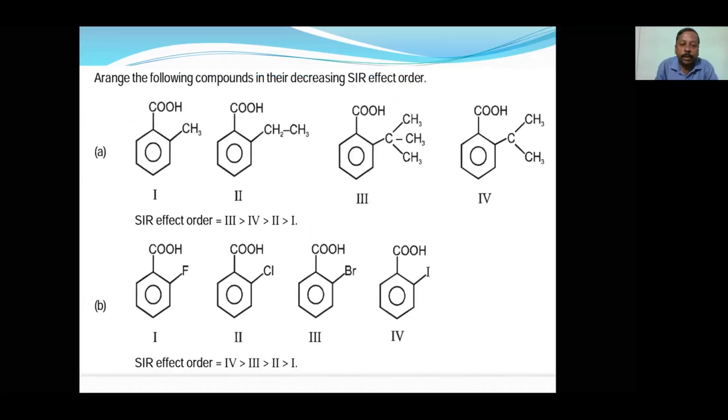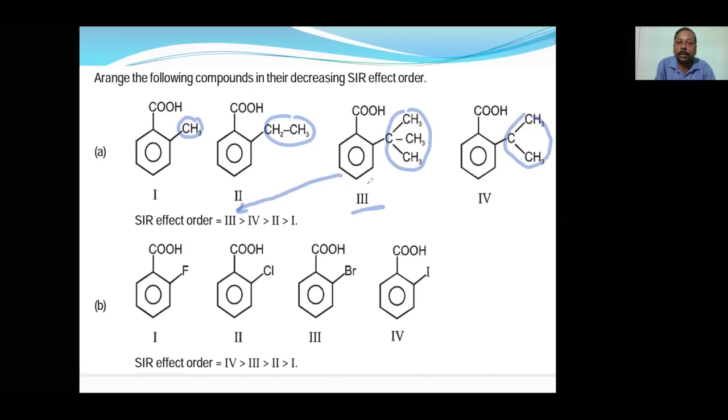In the SIR effect, bulkiness is what we have to see. In the first example, you can see the COOH group is affected. The COOH group is affected due to the stericness of the methyl group, ethyl group. These groups are showing the stericness. Here, the highest stericness is shown by group 3, so steric hindrance is maximum here.